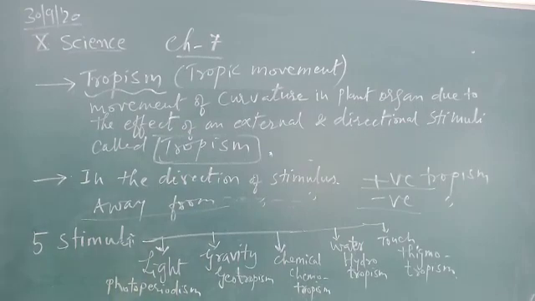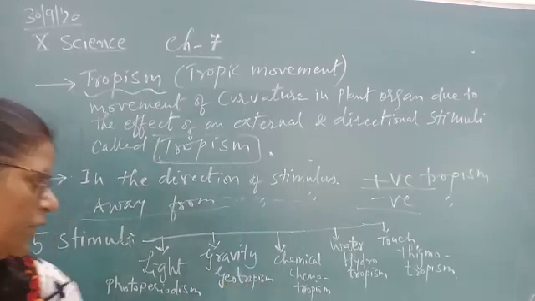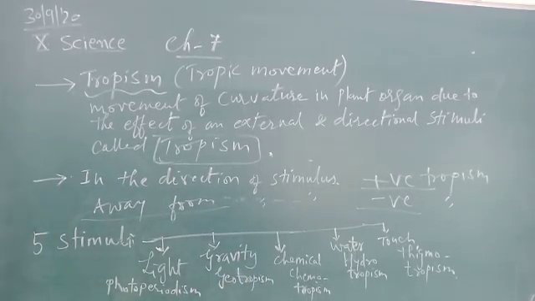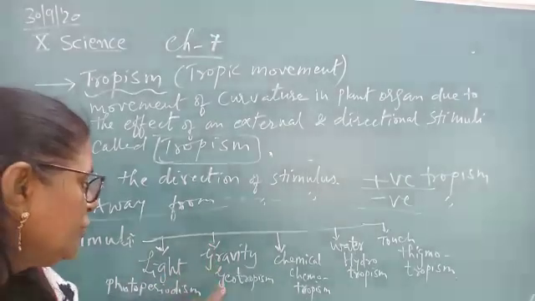Gravity means that which is related to earth. Earth means geo. So that type of tropism is called geotropism. The movement of the plant in response to gravity is called geotropism. The stem grows away from the gravity of the earth, and it shows negative geotropism.